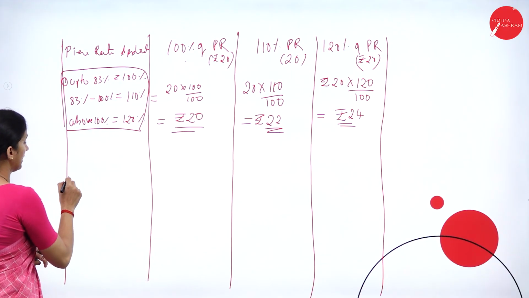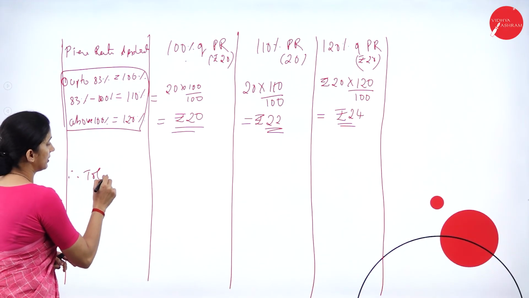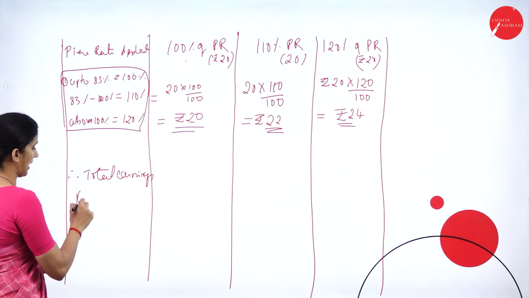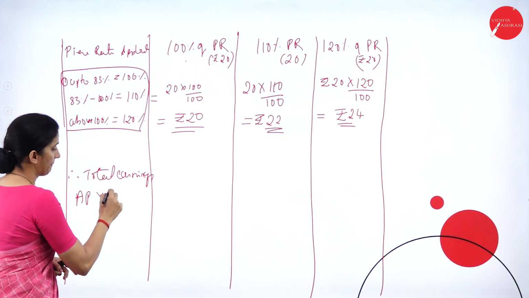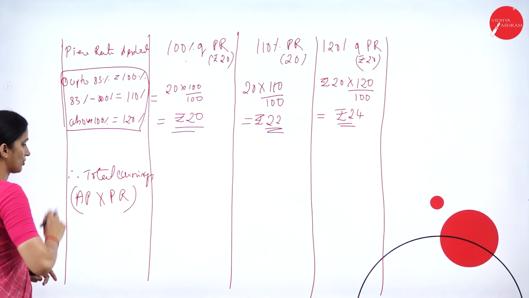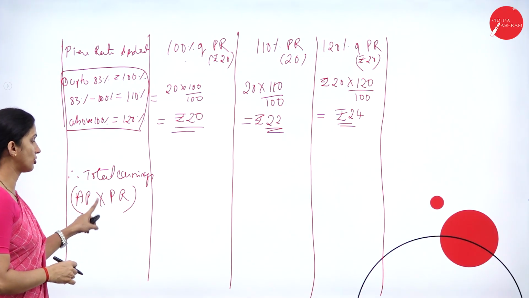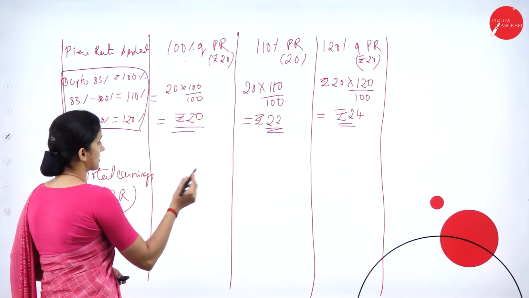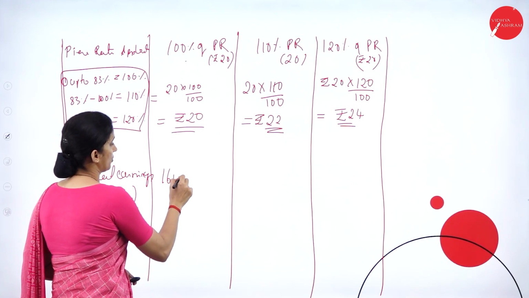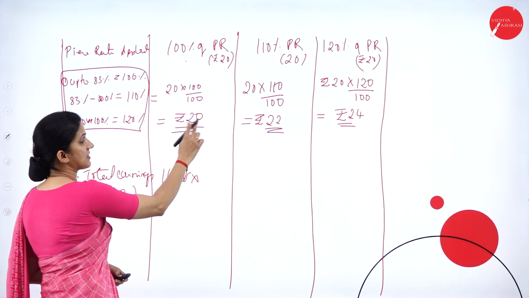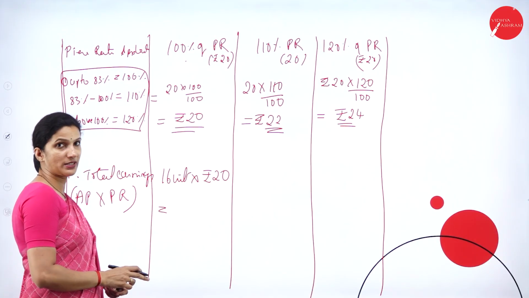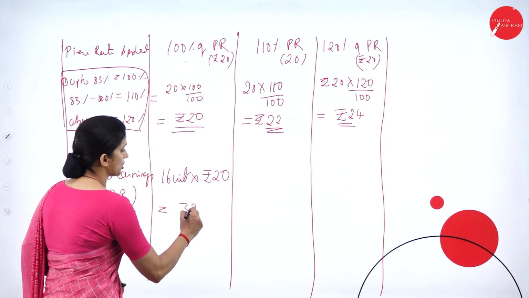So finally, total earnings is actual production into piece rate. For A, his actual production is 16 units into the piece rate applicable for him, 20. So 16 into 20 is 320.